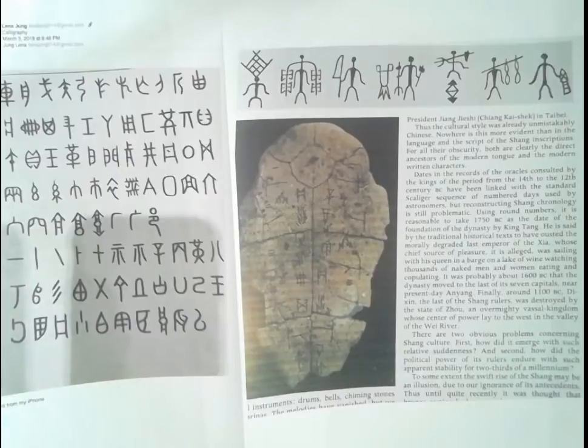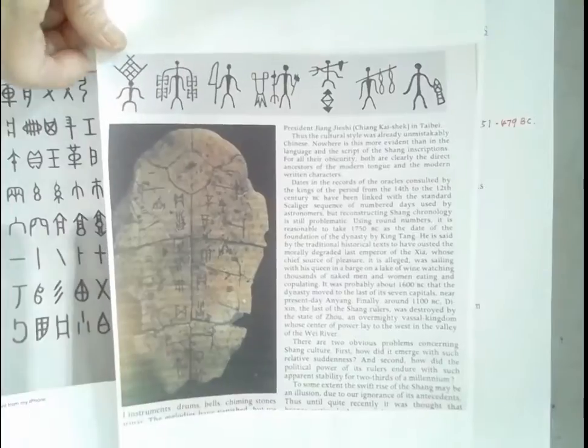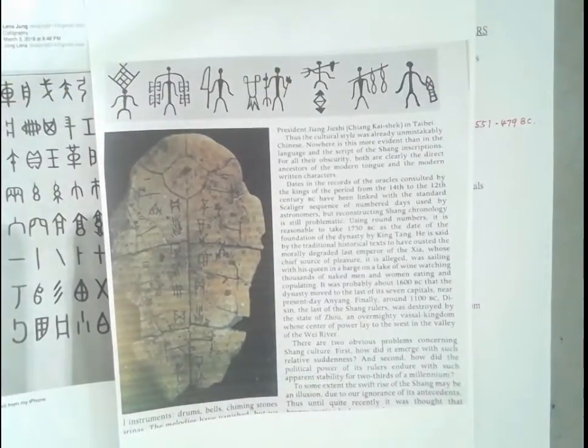Well, the lettering and the writing in the beginning are all pictures. So we were looking at the pictures on the top. That is oracle bones. The reason they call it oracle bones is because at first it was just the turtle shell.